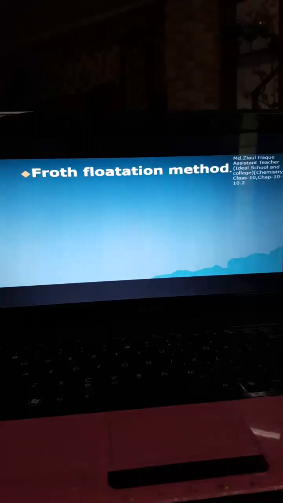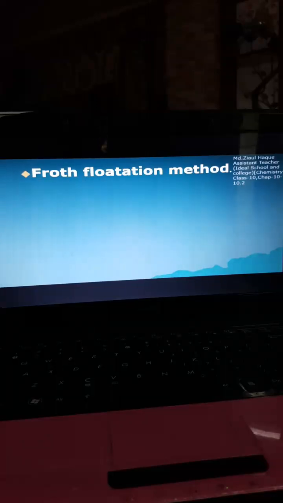There are different types of ores. Before froth flotation, we learned about the hydraulic process for oxide ores, but for sulfide ores, the froth flotation method will be applied.